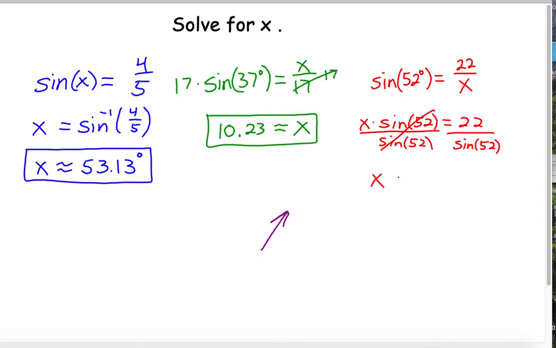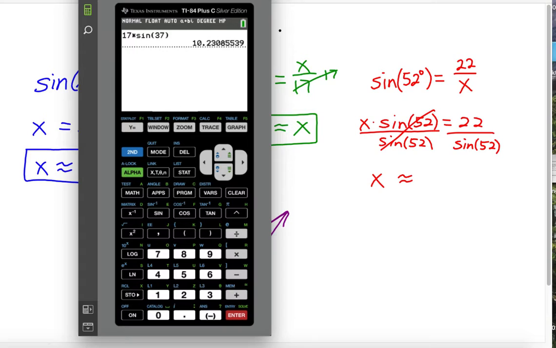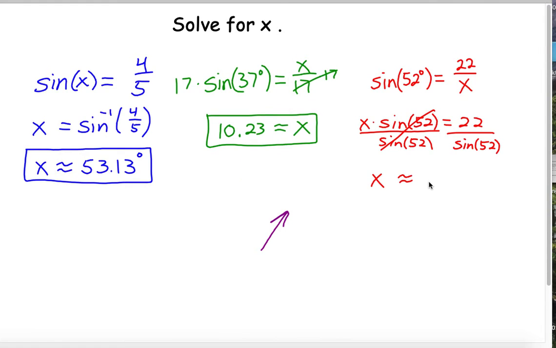And so we're going to get x is approximately equal to, and grab our calculator, 22 divided by sine of 52. 27.918, so the 8 is going to make us bump up the 1 to a 2. So 27.92. And there's your answer.